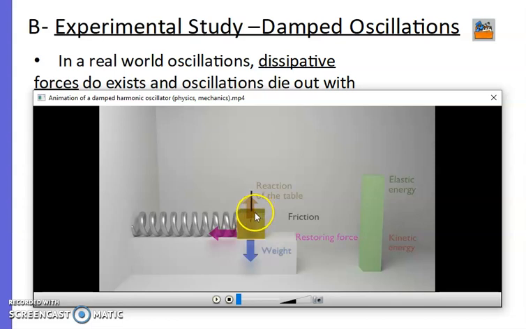And as you see here, the dissipative force, which is friction force, in reality does exist. Okay? This is called the restoring force or the elastic force. Clear? Elastic force of the spring or tension of the spring. Now here we pull the block to the right, so the restoring force is to the left.